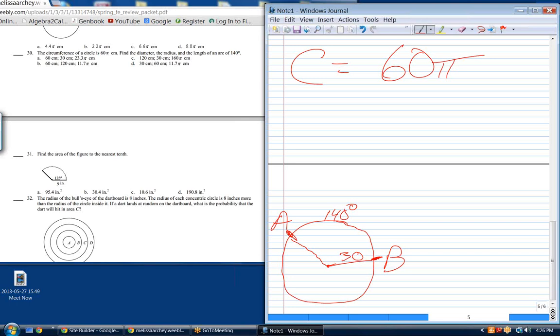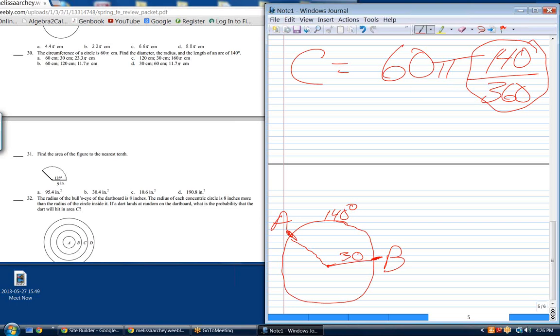That arc covers 140 out of 360. So it's 140 divided by 360. That's the percentage or the part of the circumference that we're dealing with. That's the answer, whatever that number is.